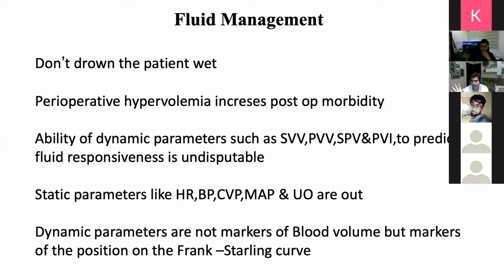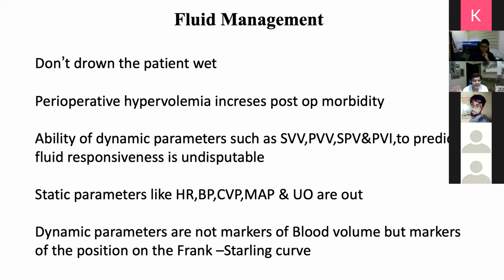Urine output is like a universal indicator of good perfusion, and that is okay, but that won't be enough. So now the dynamic parameters, which are easily available, if you have those, you can assess the fluid responsiveness. A little bit complicated, but it is very easy.